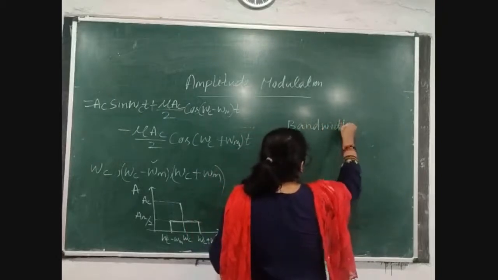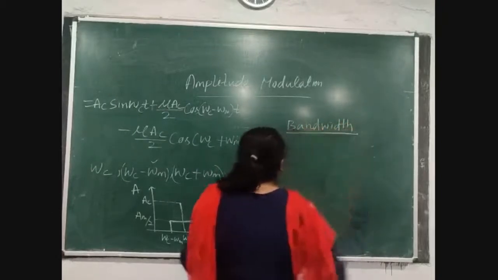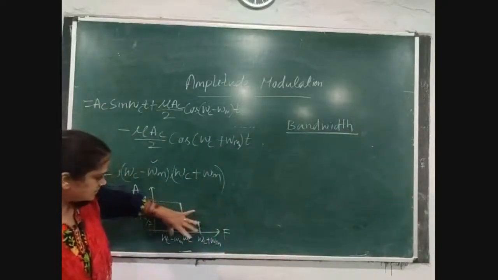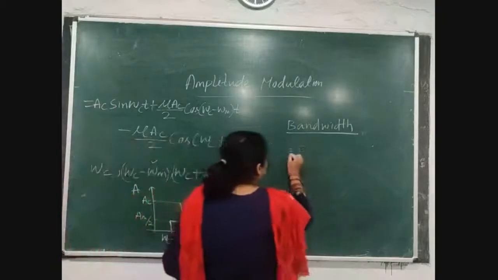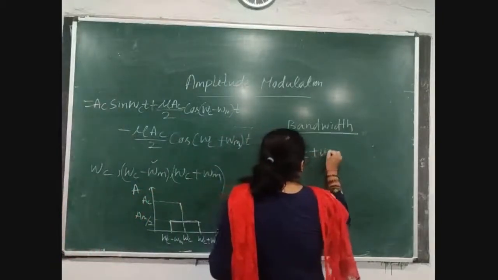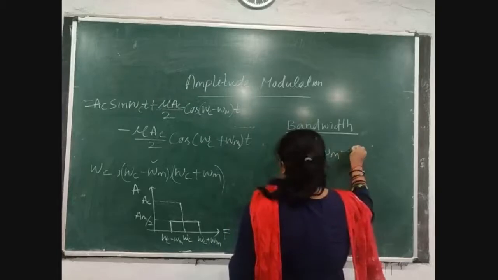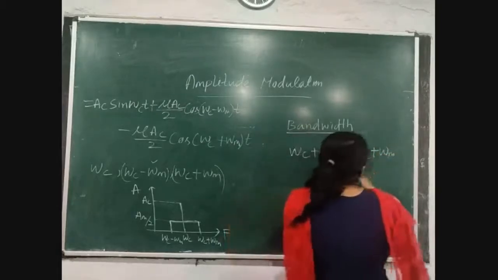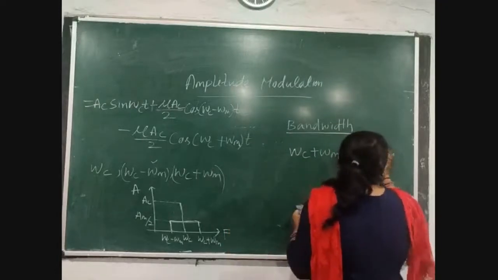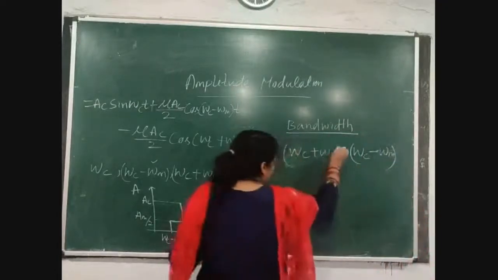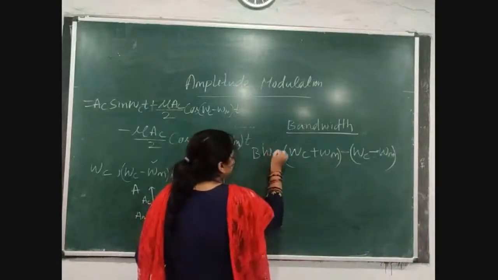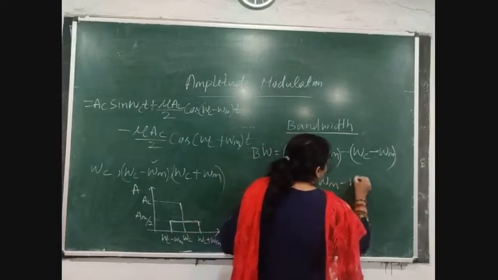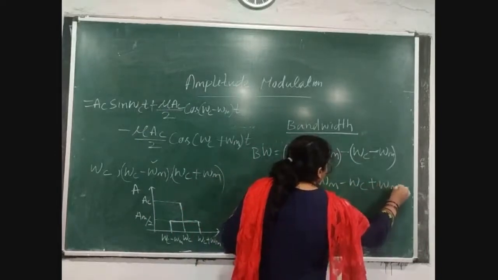For bandwidth, we just subtract these two: omega c plus omega m minus (omega c minus omega m).